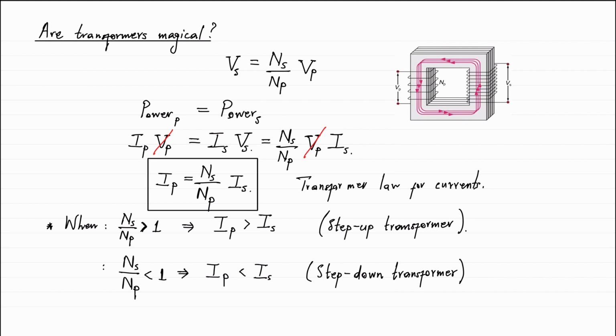Mathematically, the power on the primary, P sub P, is going to be equal to the power on the secondary side.